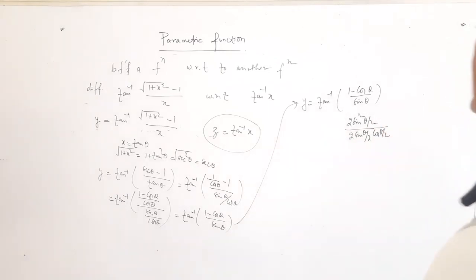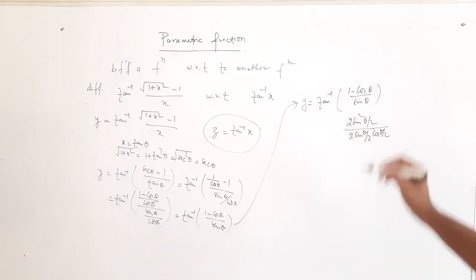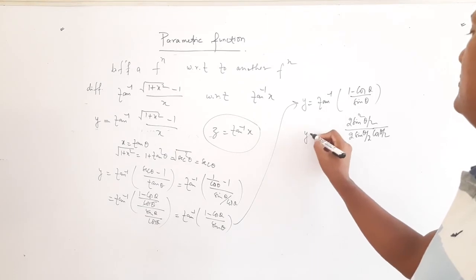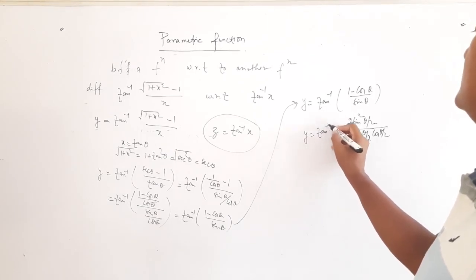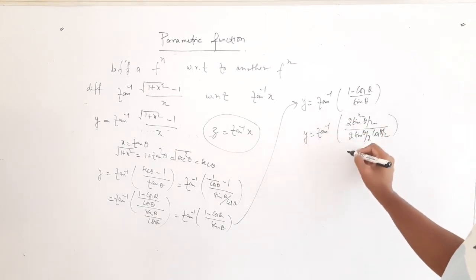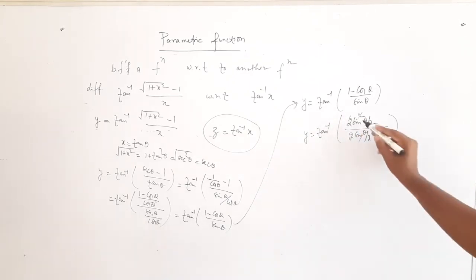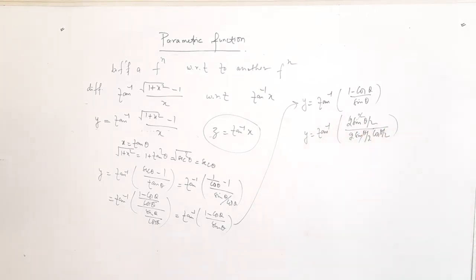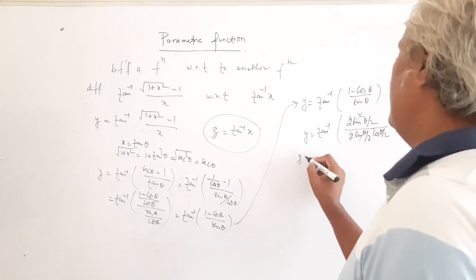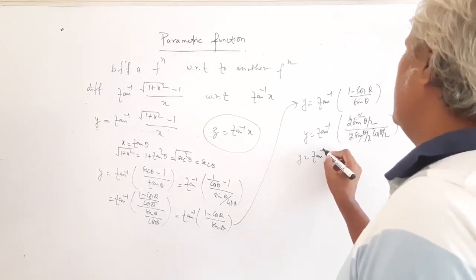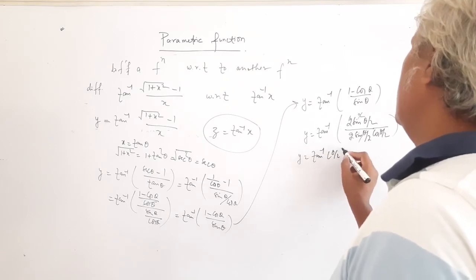This is the formula. So y equals tan inverse of this whole thing. 2 cancels 2, 1 sin cancels 1 sin, and then you get sin theta by 2 over cos theta by 2, that is tan theta by 2. So you have y equals tan inverse tan theta by 2.